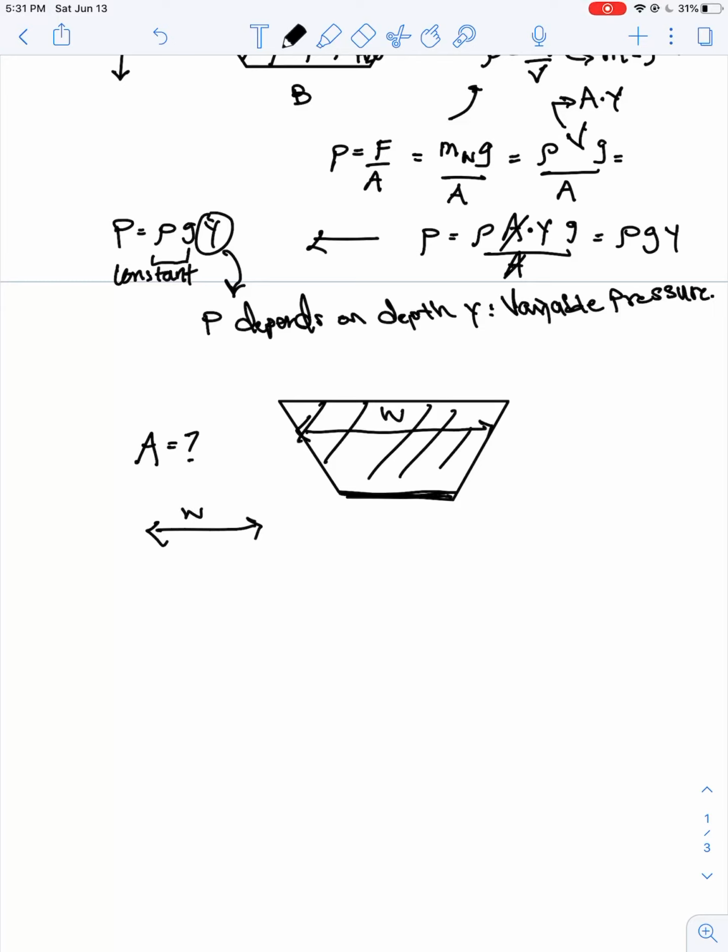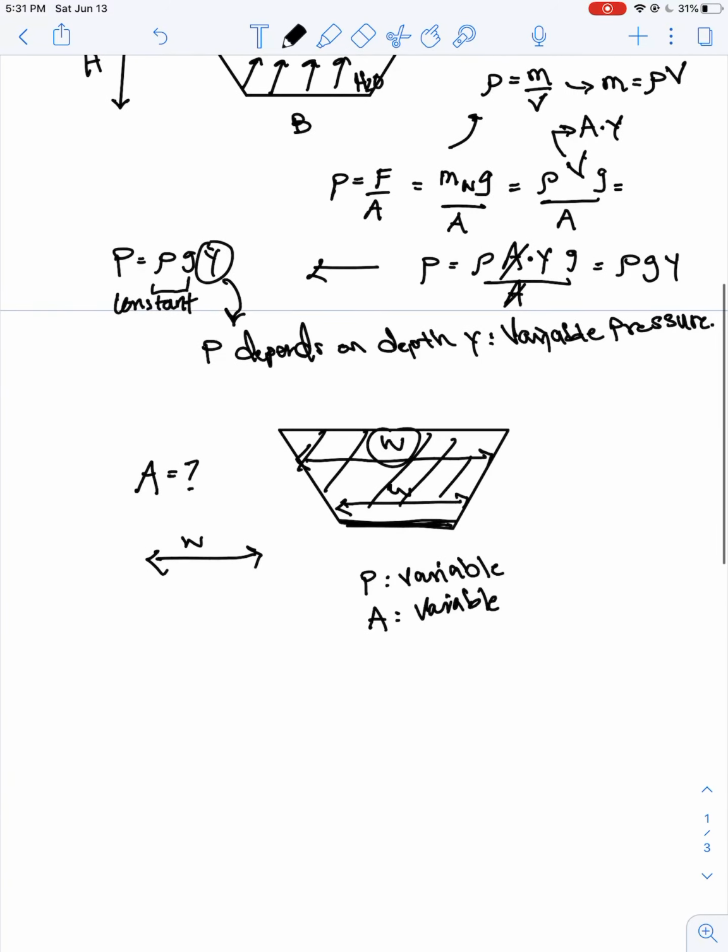Here it's this long, here it's shorter. And so besides having the pressure being variable, we also have the area being variable, since we know the area is dependent on the width and the height.